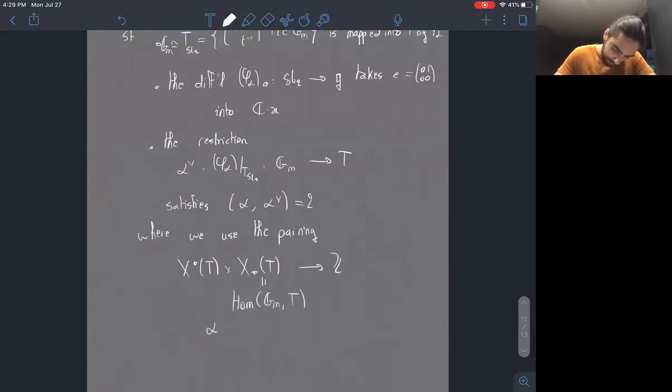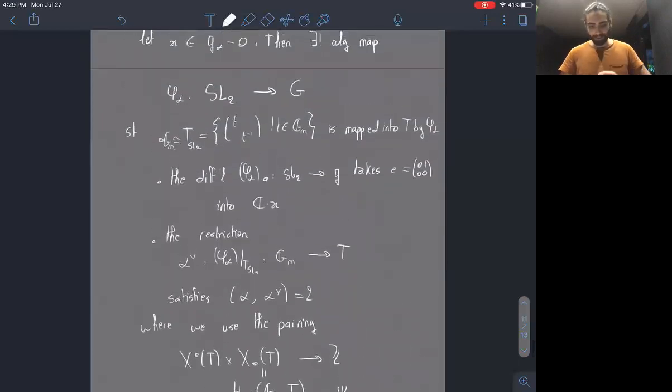So if I have a weight alpha and a co-weight beta, I just send it to alpha composed with beta, which is a map from Gm to Gm, so I can view it as an element of Z under the identification we made earlier.